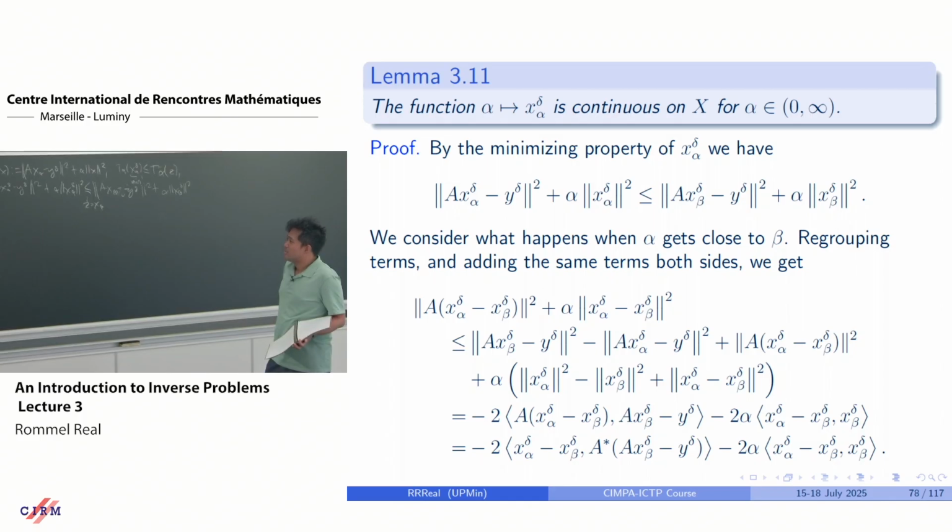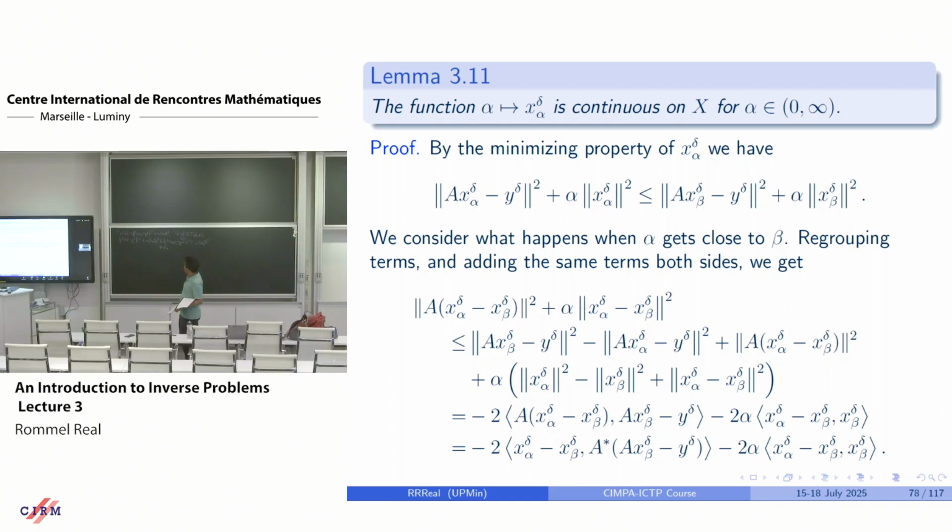Now, we consider what happens when we make alpha close to beta. What we want to show actually is that when alpha is close to beta, then the corresponding regularized solutions must also get close to each other. So by regrouping the terms, actually it's very easy to regroup it.